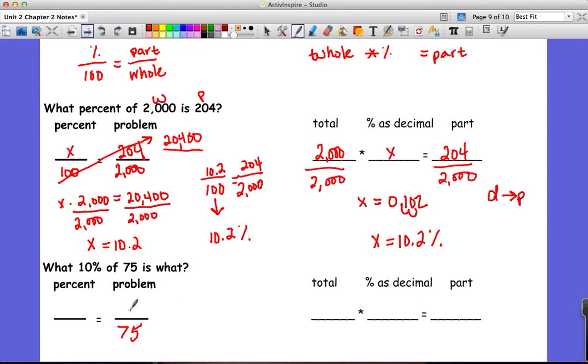Otherwise, we'll continue here. So is what means we're looking for the part because we have the whole. And we have the percentage that we're going to write as a fraction. As an equation, 75 was our total. Our decimal is 10 hundredths, and our part is unknown. So here I can actually just do the math. 75 times 10 hundredths.